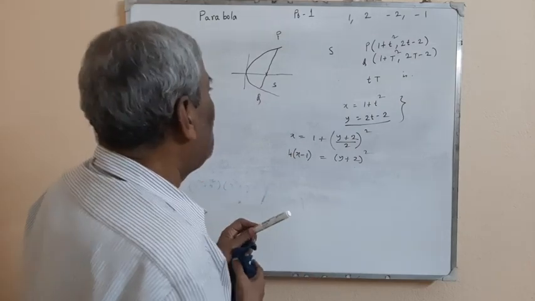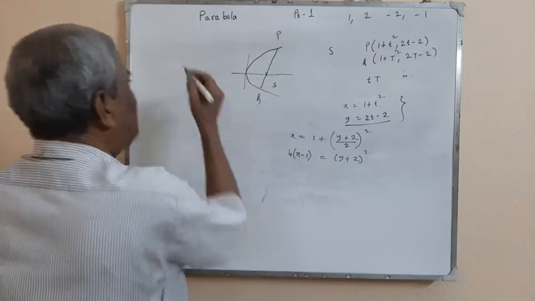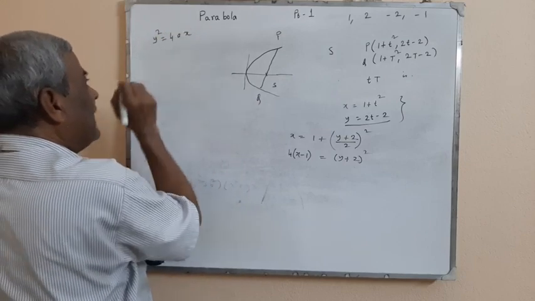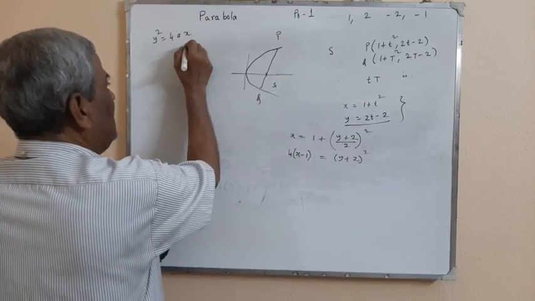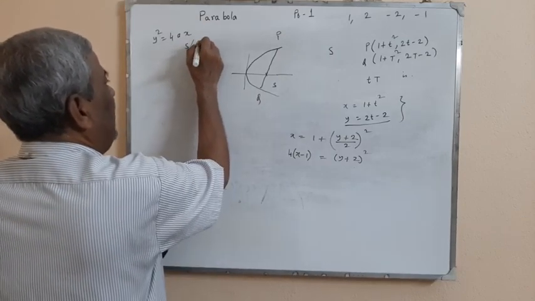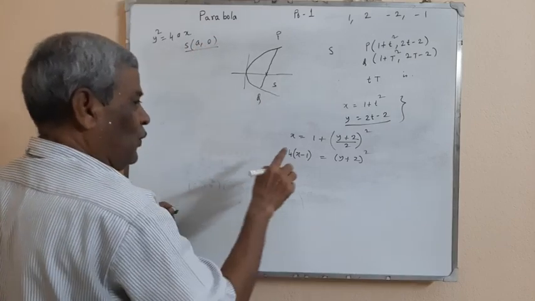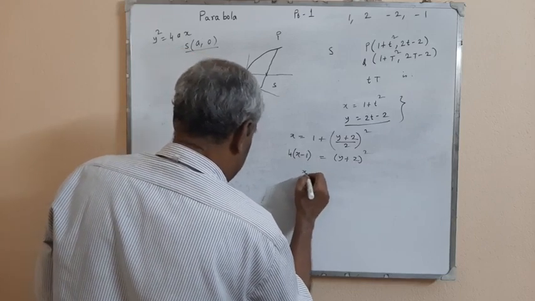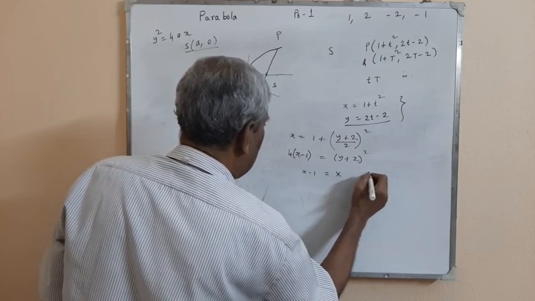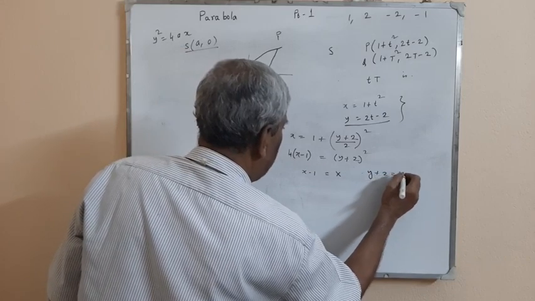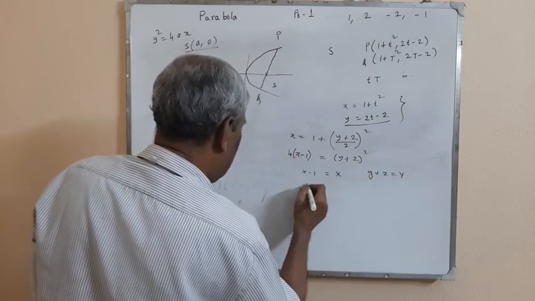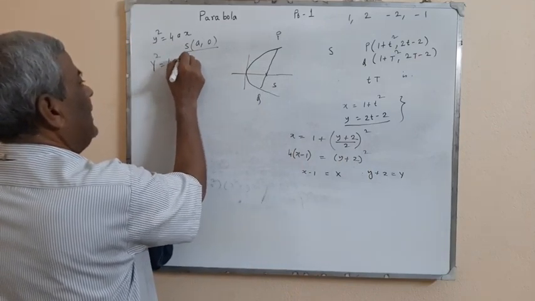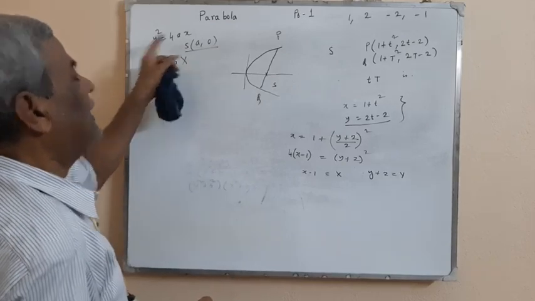But this is not in standard form. Our standard form is y² = 4ax, in which the focus is (a, 0). Let us take x − 1 = X and y + 2 = Y. So this becomes Y² = 4aX, which is almost of that type.